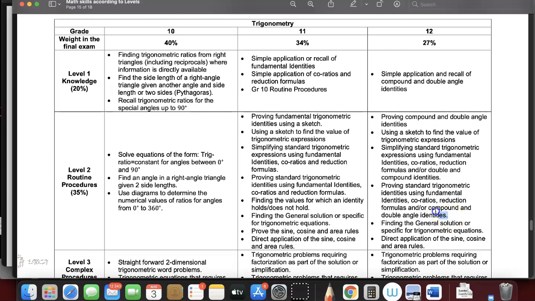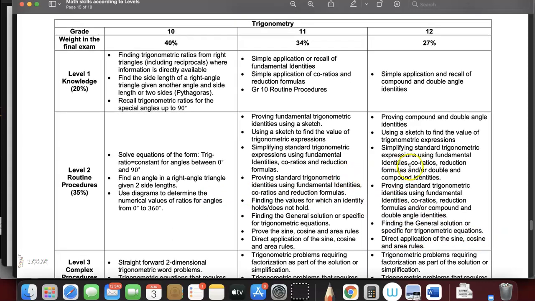The only thing that gets added now is that we need to use double and compound angle identities as well. In grade 11 we didn't need to use that. We only learned them in grade 12, but then we do exactly the same thing: finding the equation of a circle, finding the general solution of a trigonometric equation, and then direct applications of sine, cosine and area rules.